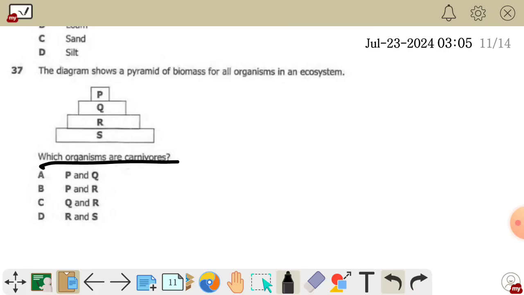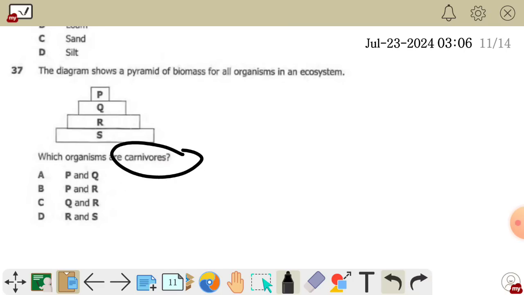Which organisms are carnivores? So in the first biggest phase there, we have the producers, which are the green plants, then followed by herbivores, which feed on plants. So Q feeds on R, so Q feeds on other animals. A carnivore is an organism which feeds on another organism, on other animals in short.